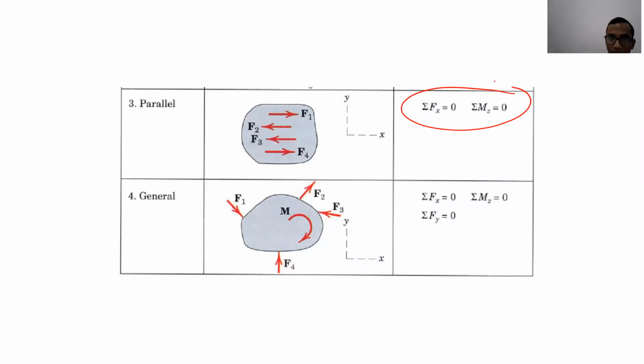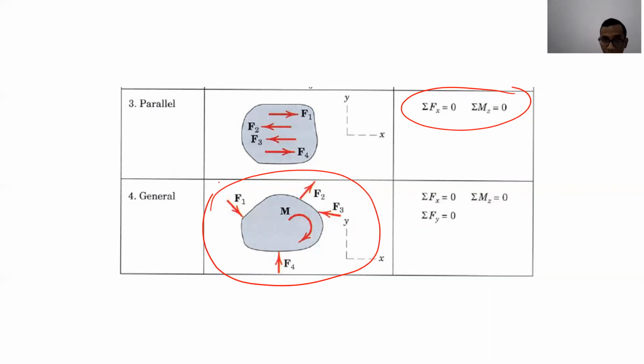And the last one is the general one. The general one is the one that normally we will face the most. We have external forces, we have external moments as well, happening on the stone. Not necessarily will the forces meet each other at one point like that.